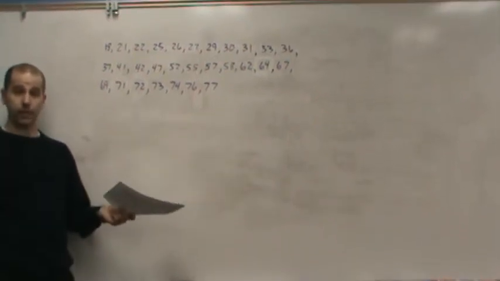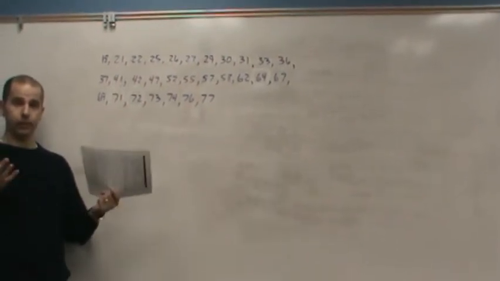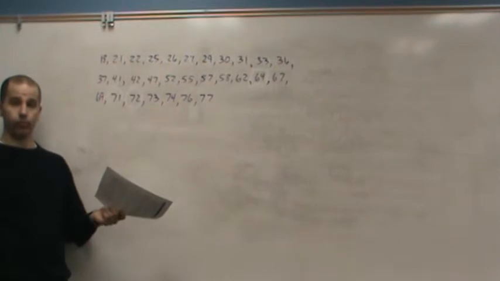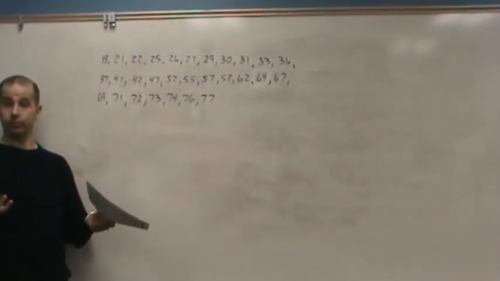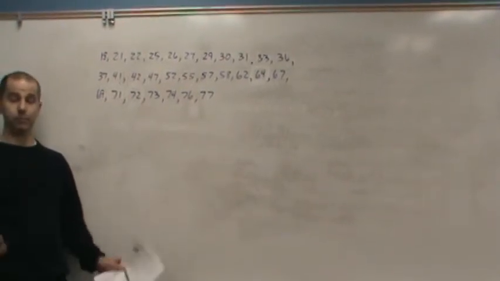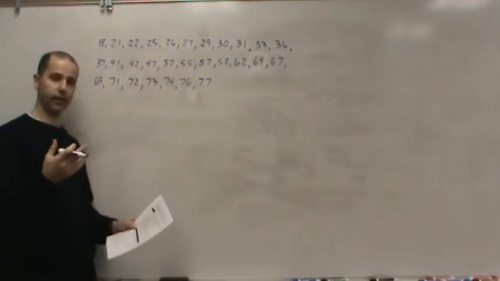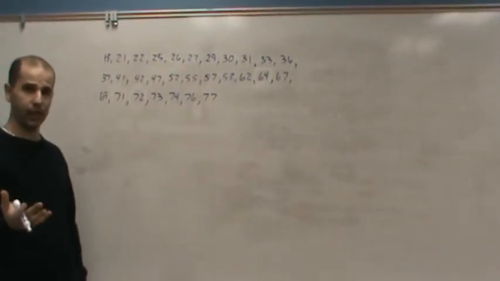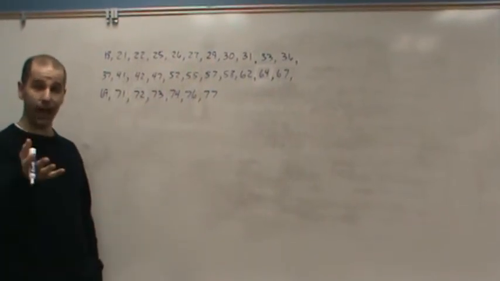I just count up the number of values that are at or below that value, and then divide by, not 100, excuse me, divide by the sample size. I'm calculating a proportion, a percentile. I'm calculating the proportion of values that are equal to or less than the given value.